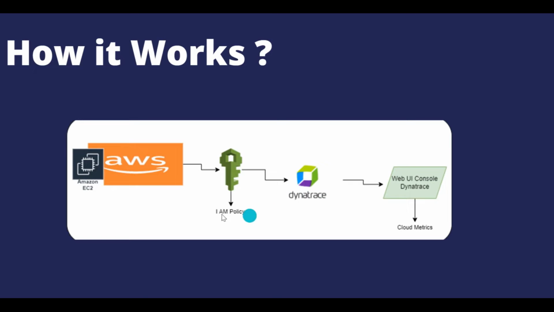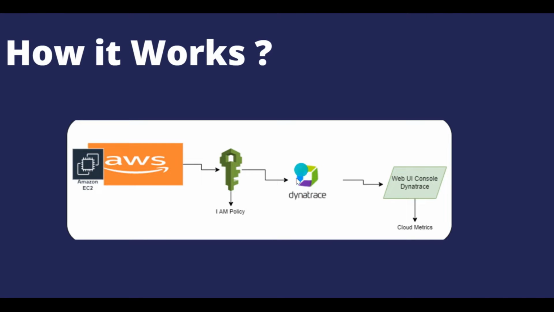So we will copy that policy from here. We will create one policy under the IAM, and after that we need to create one user along with the access key and secret key, and then we are going to attach that particular policy to that user. Now we will return to the Dynatrace, and in Dynatrace we need this particular user that we created previously.